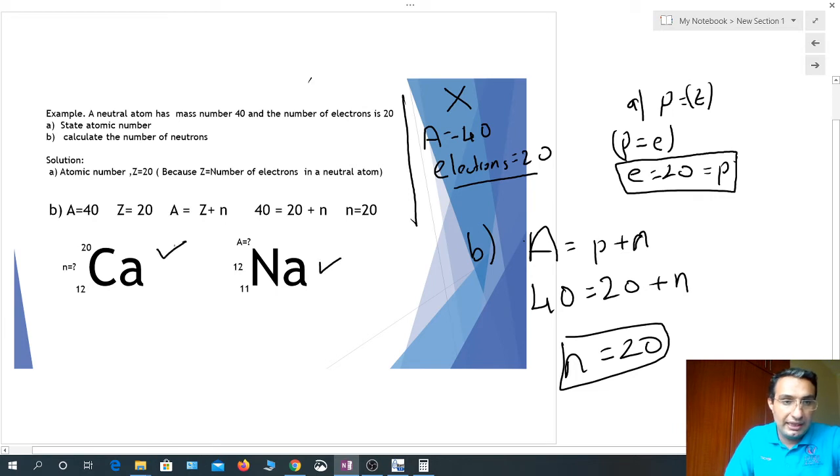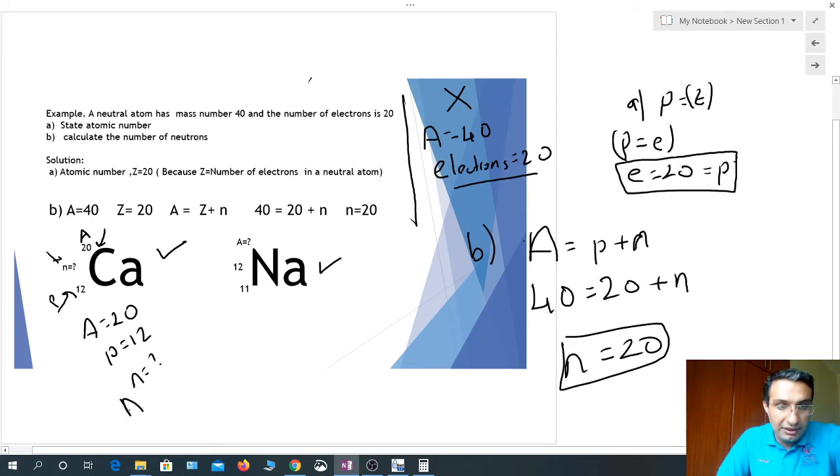You can see the values given for calcium. I told you that on this side atomic mass is always written, here the number of neutrons, and here we have the proton number. They are asking the value of N. I know that A is 20 and P is 12, so what are they asking for?